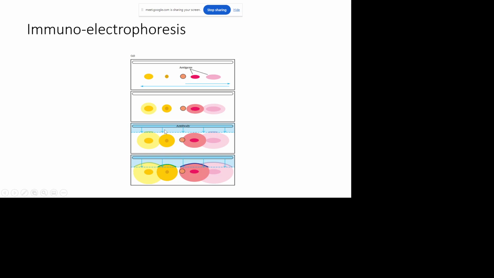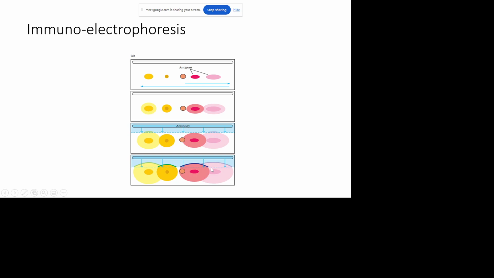Now this distance will be measured, the distance from the antibody trough to the precipitation curve. This distance will be measured as the antigenic concentration of each of the proteins, right?